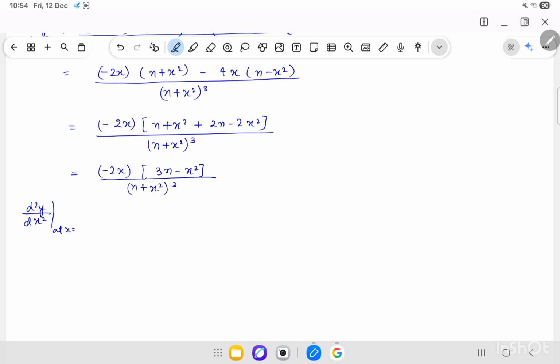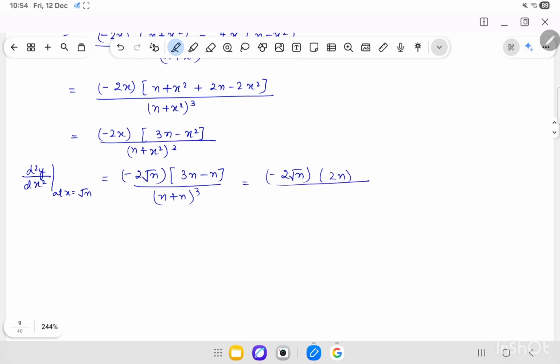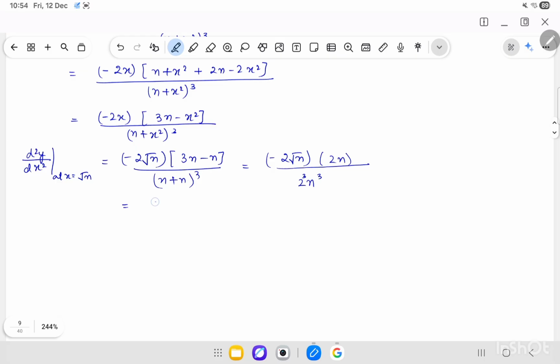So x at square root of n will be equal to minus 2 square root of n times (3n minus n) divided by (n plus n) cube. So that simplifies to minus 2 square root of n times 2n divided by 2n cube, which will be equal to minus 1 by 2n raised to 3 by 2, and which is less than 0.